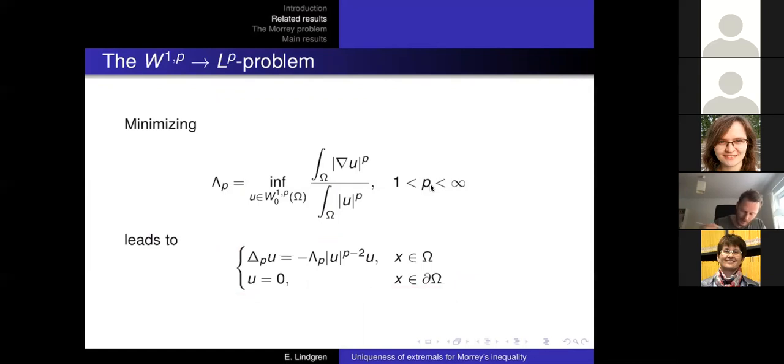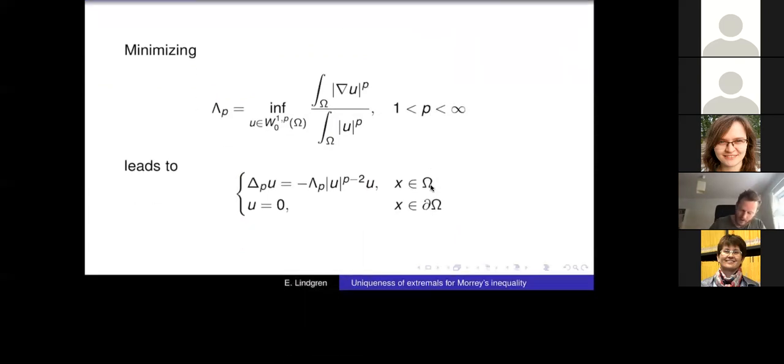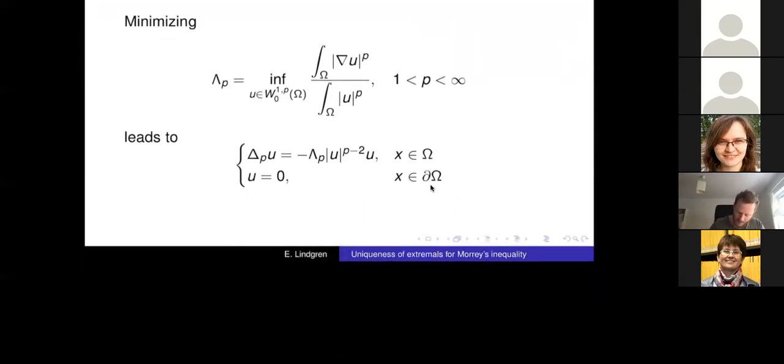Even though I think many people in the audience are very familiar with the p-Laplacian, let me just write it out here to be on the safe side. The p-Laplacian here is just the divergence of the gradient to the p minus 2 times the gradient of u, and arises as the first variation of, if you just look at the term with the gradient to the p.